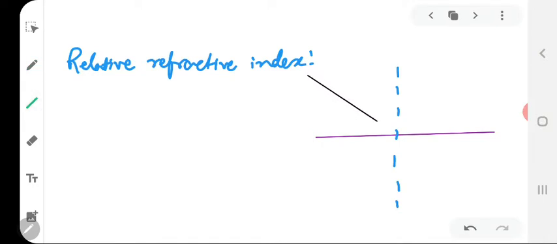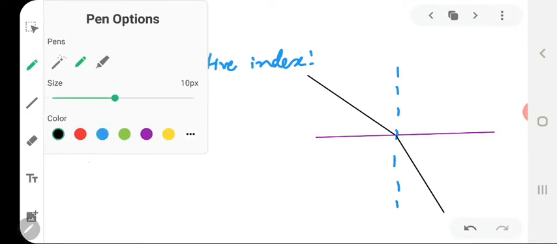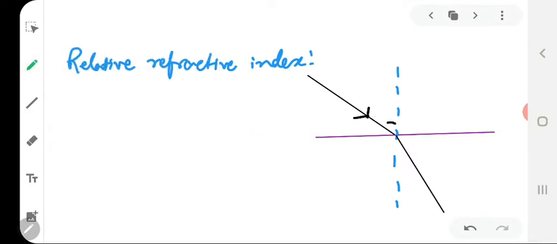This is the incident ray and this is the refracted ray. This is medium 1 and this is medium 2. This is the normal.